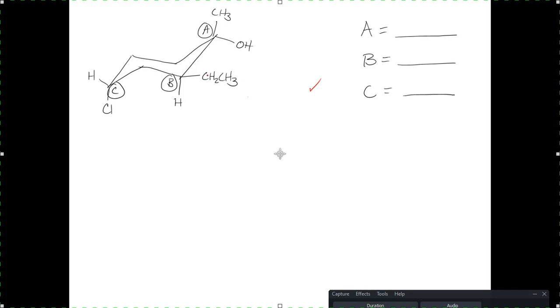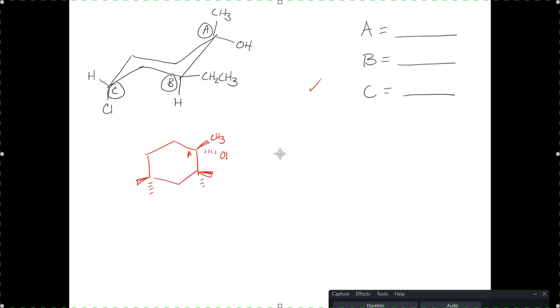Okay, so let's convert this to the bold and dashed wedge flat cyclohexane. For carbon A here, we've got a methyl group.